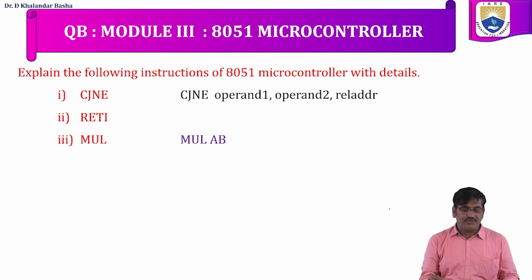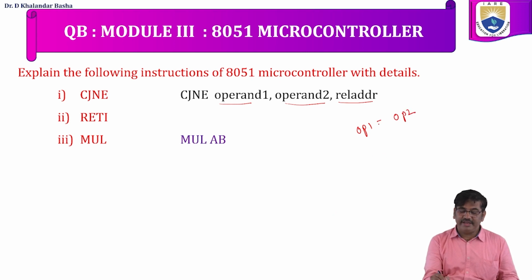Next, explain the following instructions of 8051 microcontroller with the details. The first instruction is CJNE, which stands for compare and jump if not equal. It is a 3 operand instruction: CJNE, operand 1, operand 2, and the relative address where we want to jump. Here operand 1 and operand 2 will be compared.